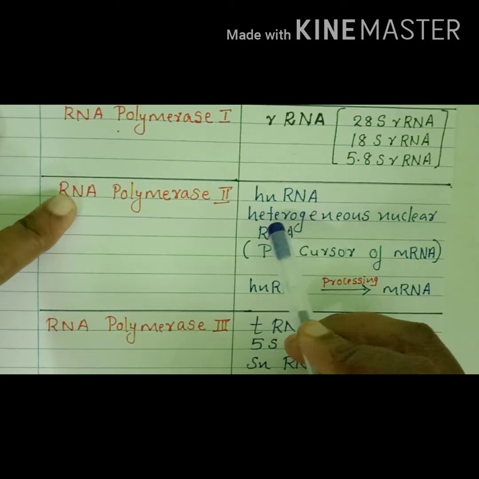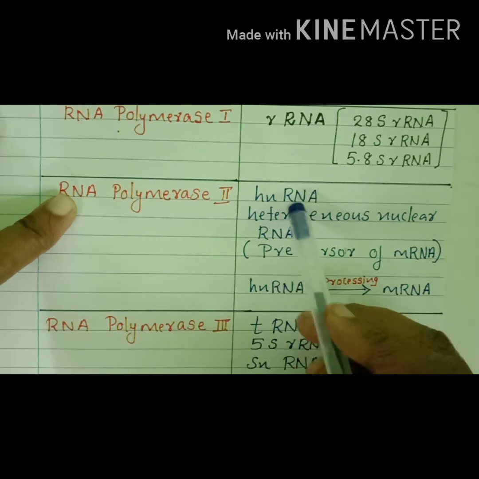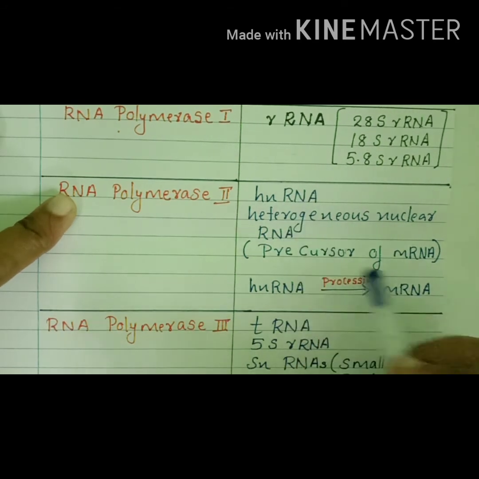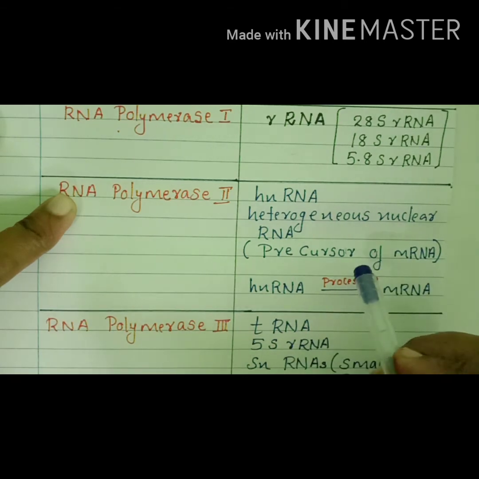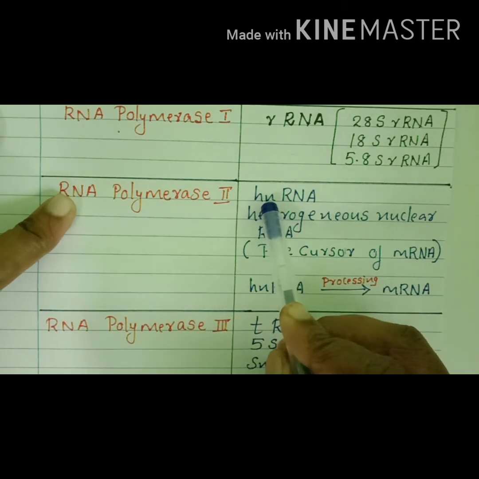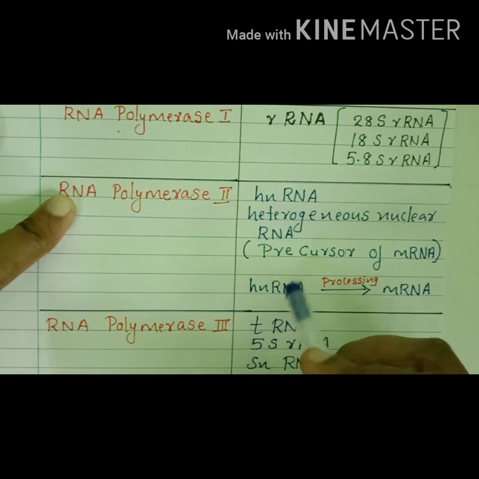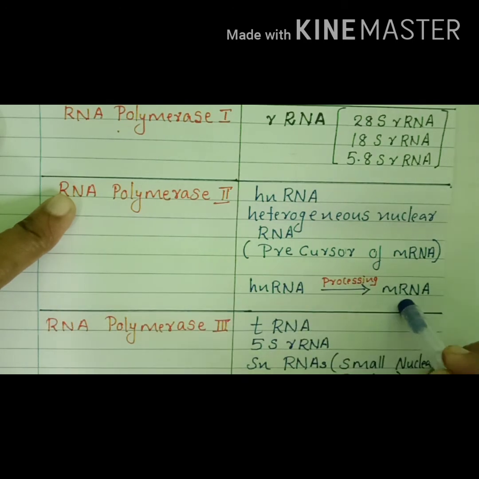Its full form is heterogeneous nuclear RNA. Actually, hnRNA is the precursor of mRNA. Directly mRNA will not form. Instead, first of all, hnRNA will form. hnRNA will undergo certain changes that we will study later. After that, it becomes mRNA. So mRNA is not directly formed.